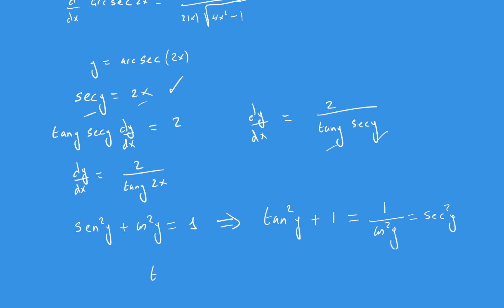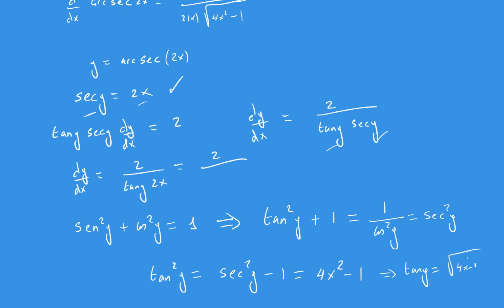So tangent squared of y is secant squared of y minus 1. But secant of y is 2x, so this is 4x squared minus 1. So the solution will be 2 divided by tangent of y, and tangent of y will be the square root of 4x squared minus 1.